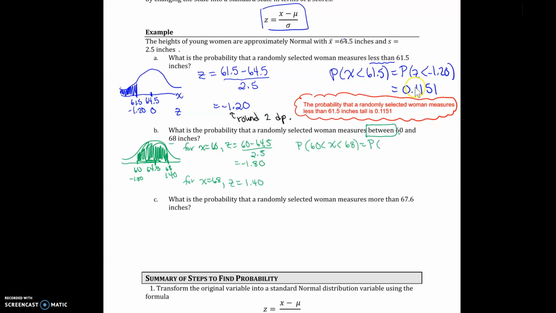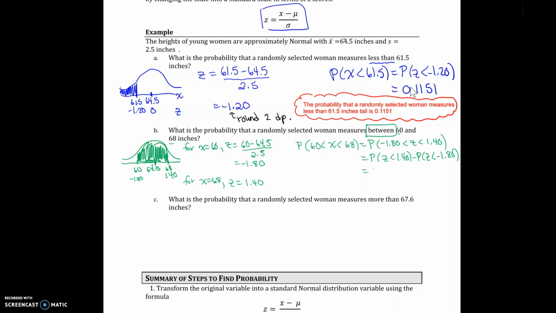And that's equal to the probability that we have a z value that's 1.8 standard deviations below the mean and 1.40 standard deviations above the mean. Because it's a between probability question, we're going to calculate the probability that z is less than 1.40 and subtract from that the probability that z is less than negative 1.80.